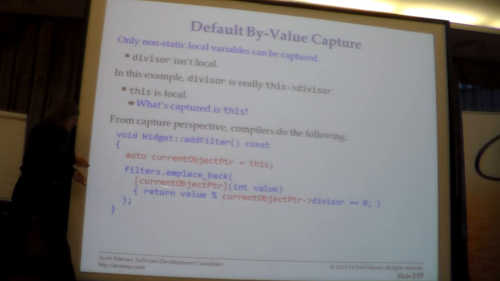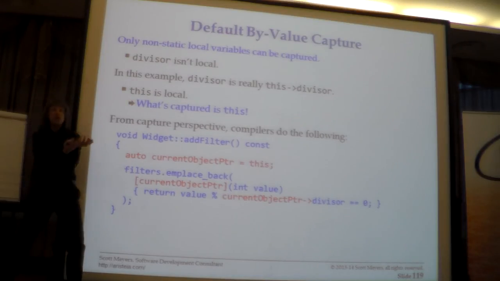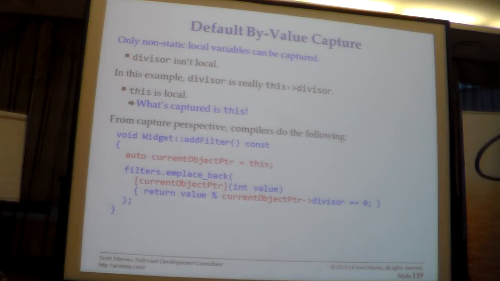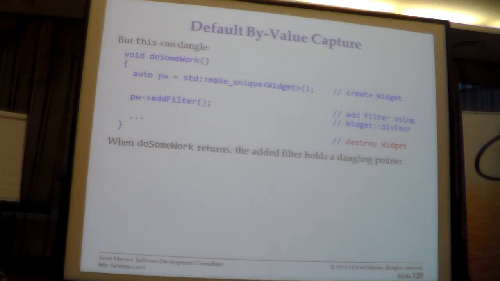That's what I'm going to capture. That's essentially what happens, is I make my own copy of the this pointer, and that's what I put into my closure. Well, now that we understand that we have a copy of the current object pointer in the closure, all we have to do is figure out how this can possibly fail. I have an example right here.